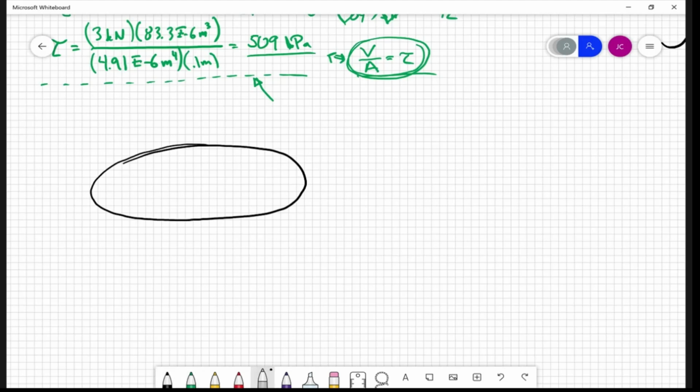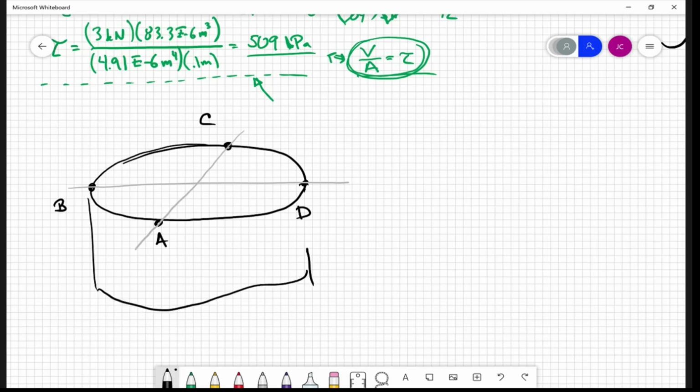We have the X and the Y axes going this way, right? So this is point B. This was point A. This was point C. And here is point D. And so we're going to draw the little differential element down here on this sort of region, okay?